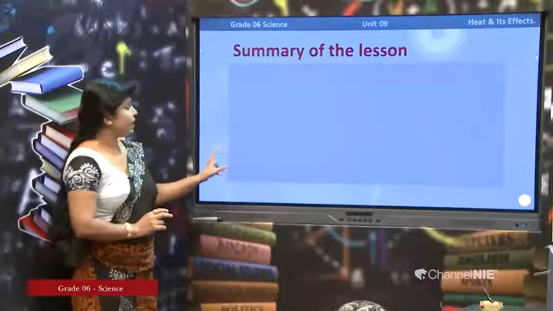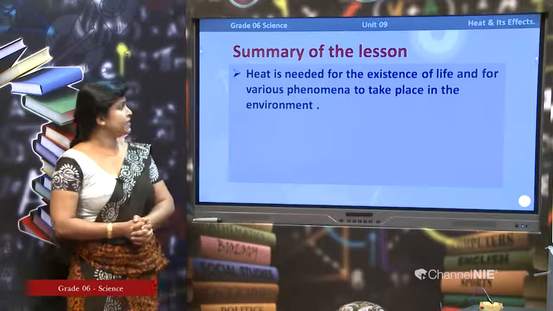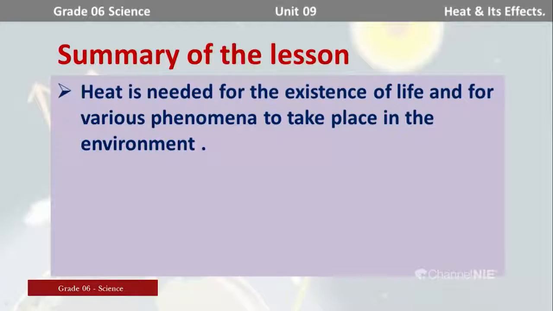Now, I have come to the summary of the lesson. I am going to summarize what we learned. Actually, I covered the first part of this unit. Here are the things I discussed with you. Heat is needed for the existence of life and for various phenomena that take place in the environment. You know that occur in day and night, and there are different types of phenomena like the water cycle.